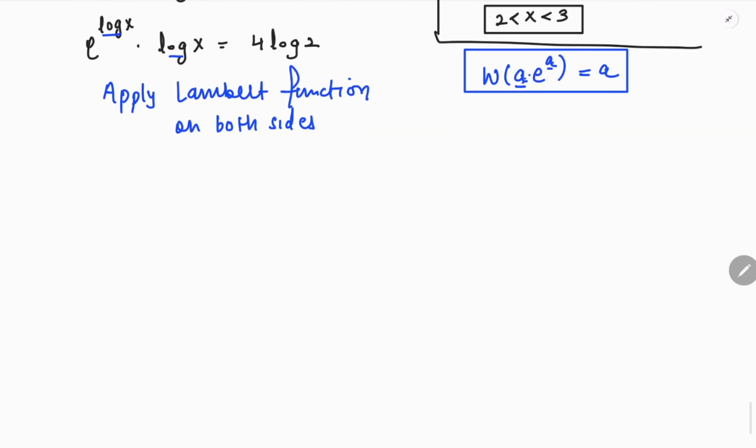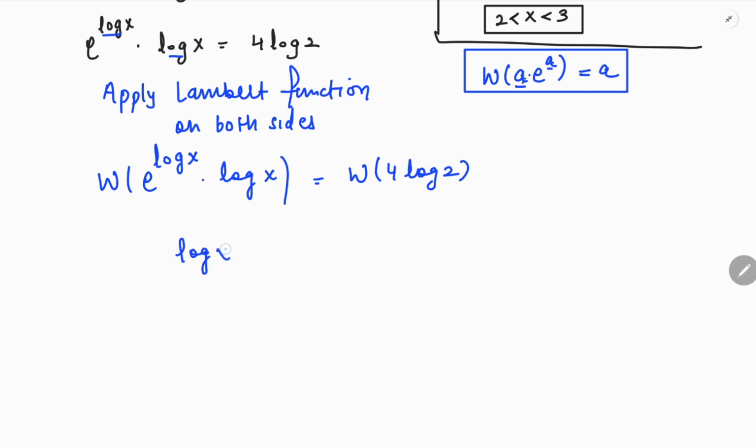So this will become W of e raised to power log x times log x is equal to W of 4 log 2. This we will get as log x only, right? Is equal to what? W of 4 log 2, right?